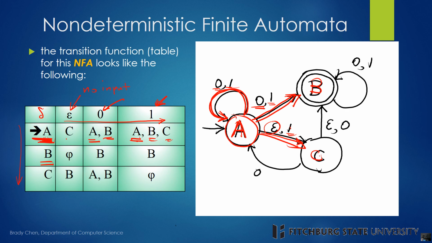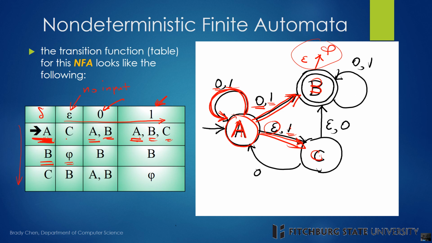The diagram doesn't show the epsilon, so that means it's leading to nowhere. Or we can say, if there's an epsilon, it's leading to nowhere, but we don't have to draw this. So phi basically means it's an empty state. It doesn't lead to any place.